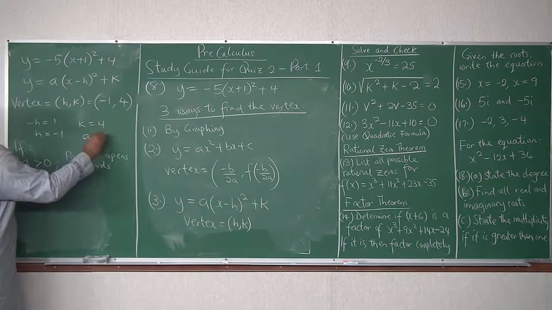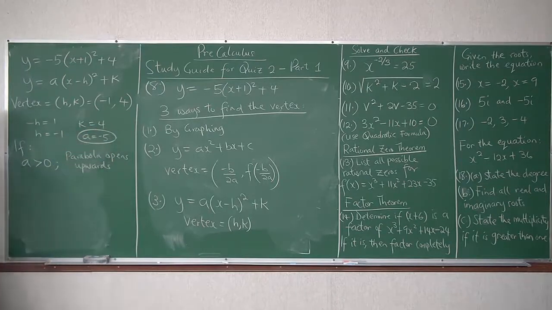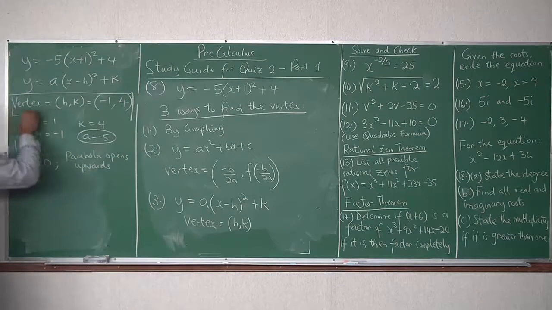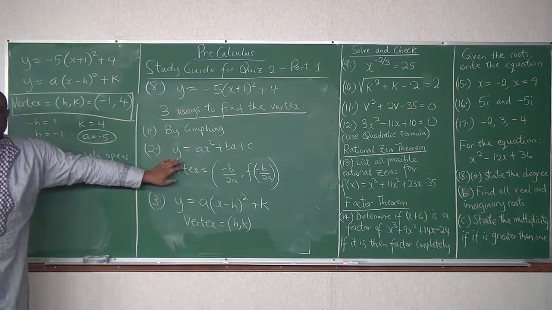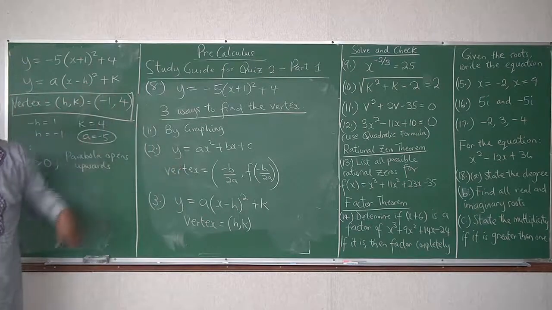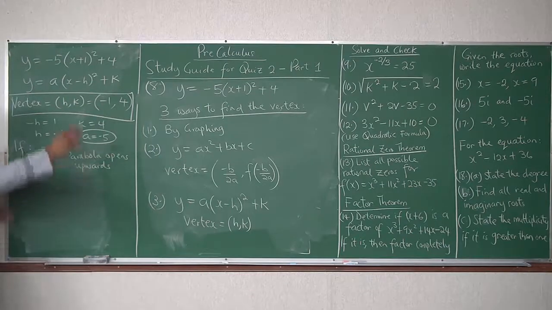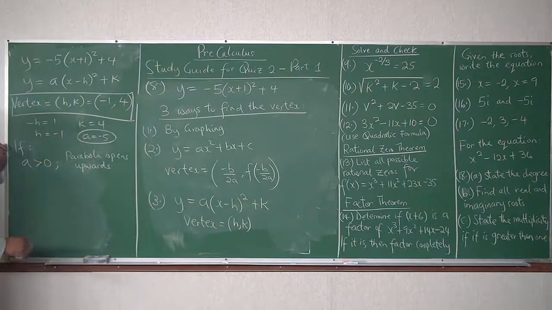Although you don't need your a anyway. This is the answer here: negative 1 and 4 is your vertex. And we shall check this. We shall do it by another method also, and for graphing, you can use your graphing calculator to check it.